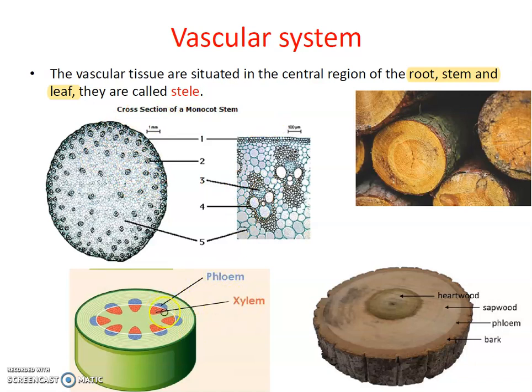These two are vascular tissues, and when they combine they form vascular bundles. So the arrangement of these vascular tissues is called stele. Stele means arrangement of vascular tissues.